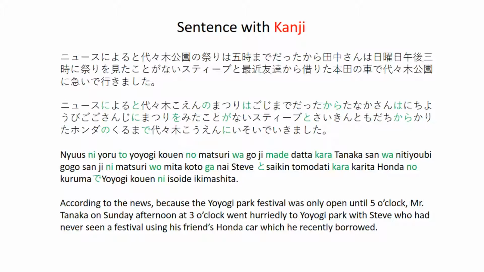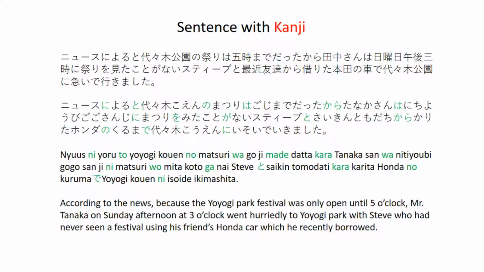and I can, just to summarize them, it's news ni yoru to, so news ni yoru to is a stock phrase, meaning according to. Yoyogi Koen no Matsuri, so Koen no Matsuri, a festival in Yoyogi Park. So Yoyogi Park Festival, wa indicates the topic of that relative clause. 5時まで until 5, datta was, kara means because.